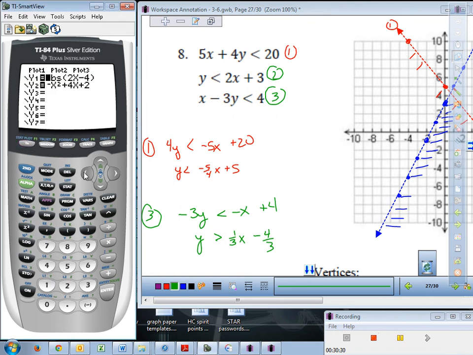So if I go to y equals and clear everything out that I had, you've got to punch that in correctly in parentheses. All your fractions need to be in parentheses. So 1/3 in parentheses, the x is on the outside. Then subtract away 4/3 in parentheses, like so, right? And I'm not wanting to see a graph of it at all. I just want the table of values to find some nice, neat points. So second table, maybe.